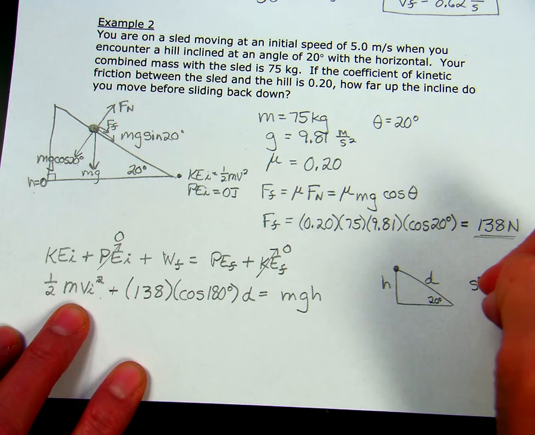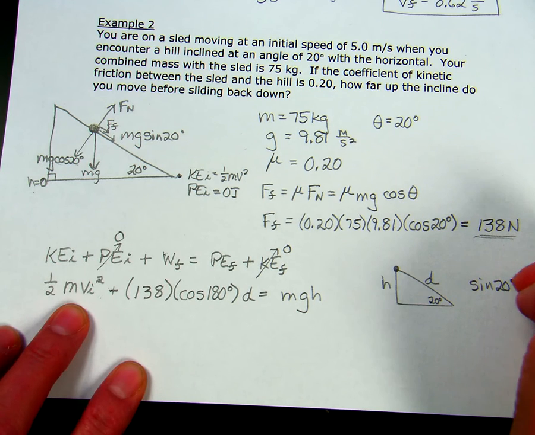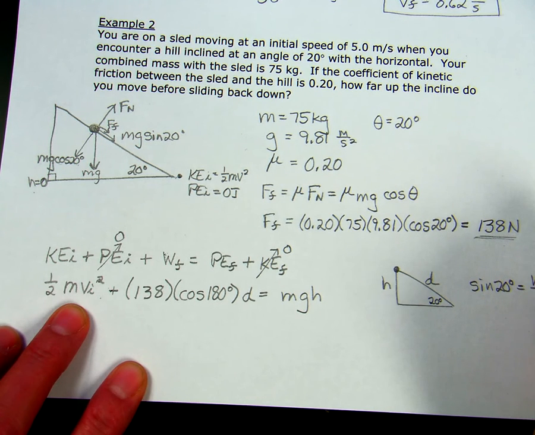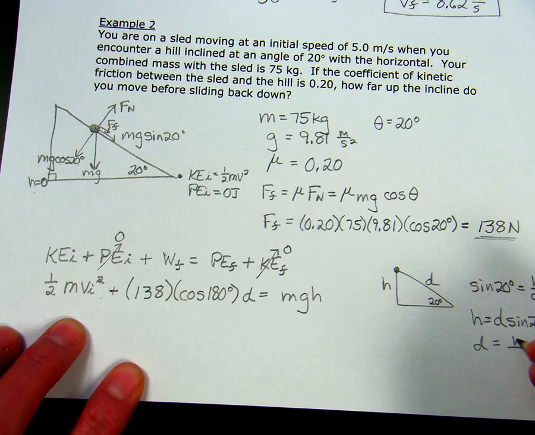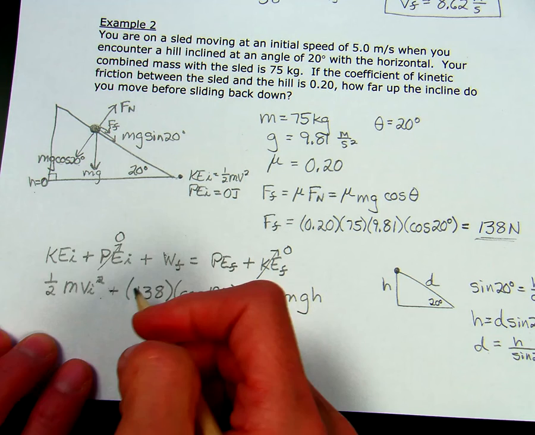The sine of 20 degrees is H over D. So H is D sine 20, or D is H over sine 20, depending on what we want to do here. Since we want the height it goes to, let's get rid of D in our equation.